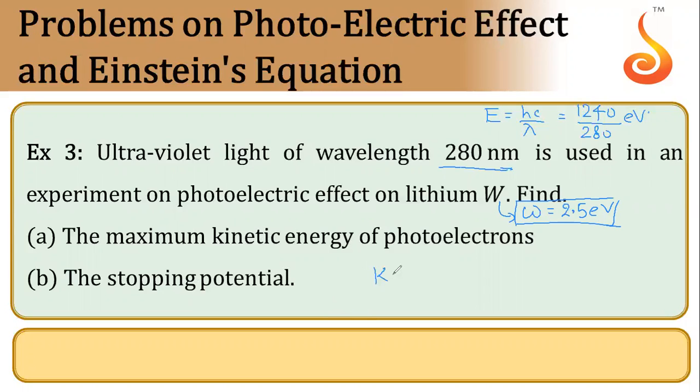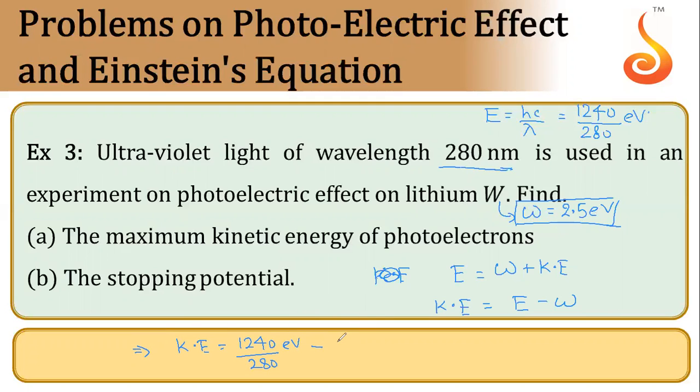So we are going to use the formula that energy incident gets converted into work function and kinetic energy, or kinetic energy is energy which is incident minus work function. So for this we have calculated the value of energy which is incident, that is 1240 divided by 280 electron volts, minus work function.